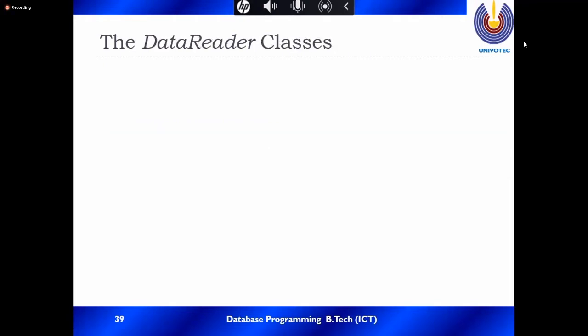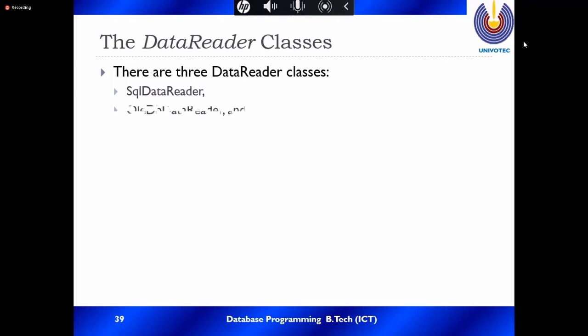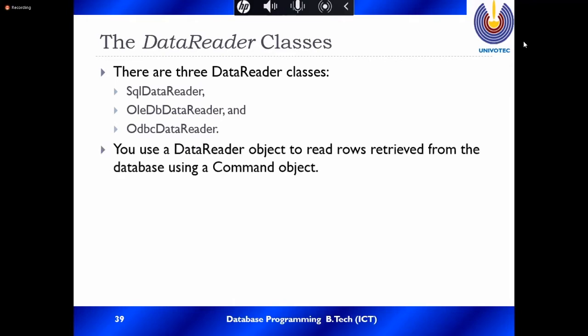Now we come to the DataReader class. There are three DataReaders. It also depends on the database: SqlDataReader, OLEDB DataReader, and ODBC DataReader. It depends on the database. You use the DataReader to read the record rows.